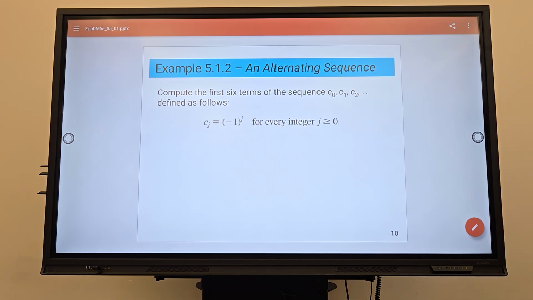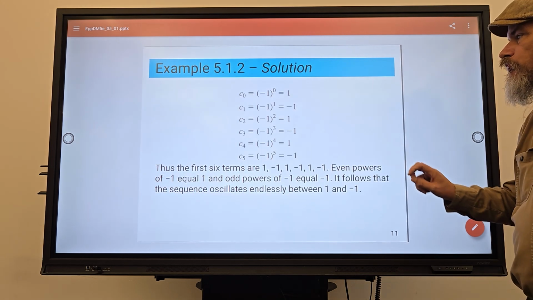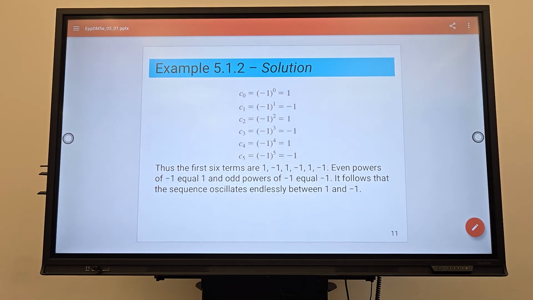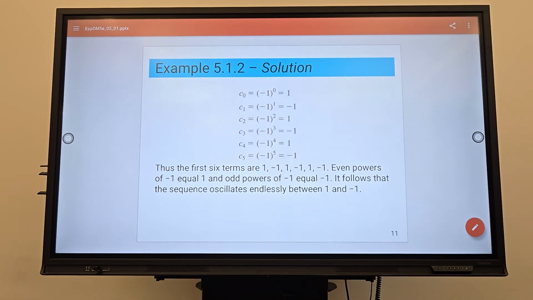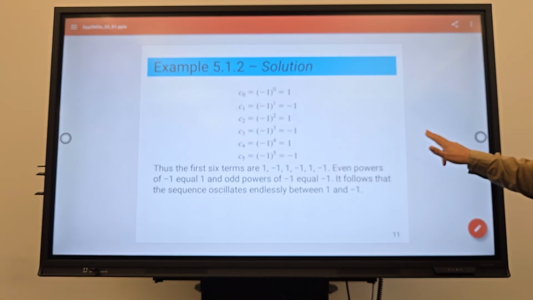C sub 2, 1. C sub 3, negative 1. Yeah, it would be alternating between 1 and negative 1. Even powers of negative 1 equal 1, and odd powers of negative 1 equal negative 1. It follows that the sequence oscillates endlessly between 1 and negative 1.